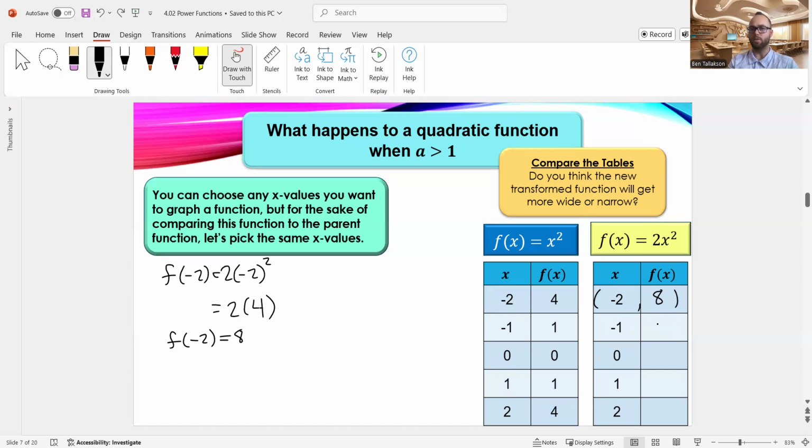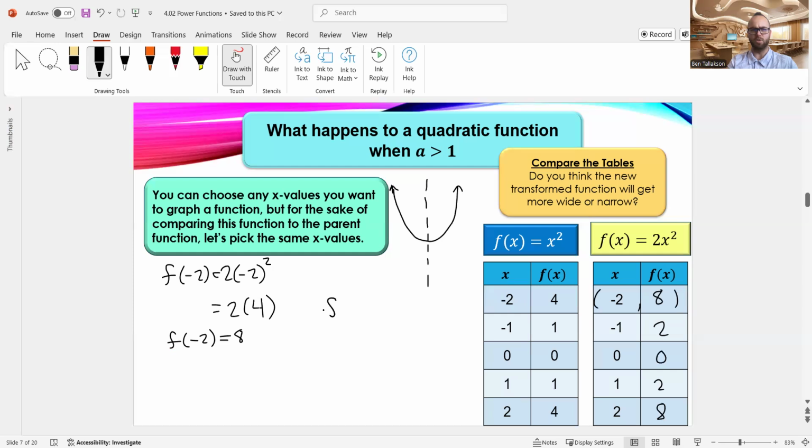So 1 times 2, 0 times 2, and then a parabola, like we said, is a U shape, and it actually also is perfectly symmetrical, where the left side looks like the right side. So this is actually going to be a mirror effect, where the vertex acts as the mirror, noticing you're going to have those same values below, okay?